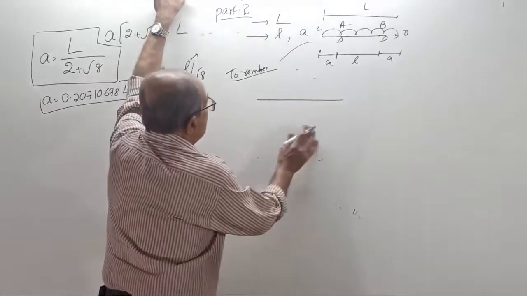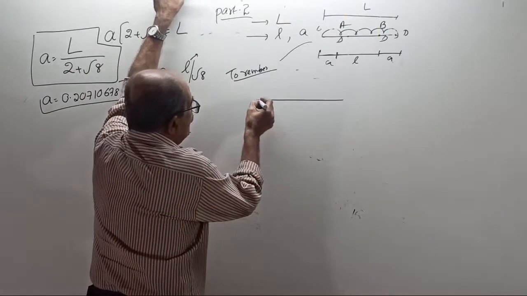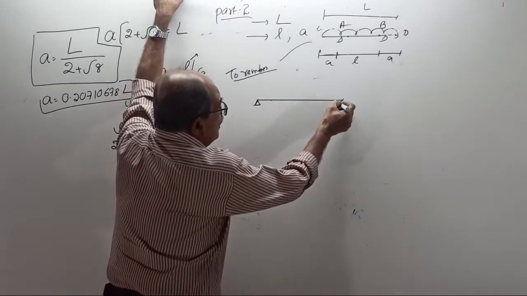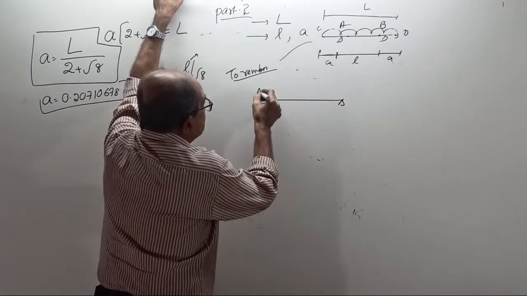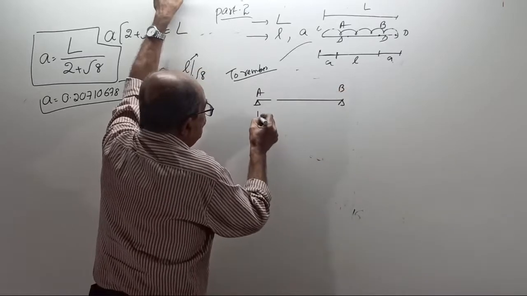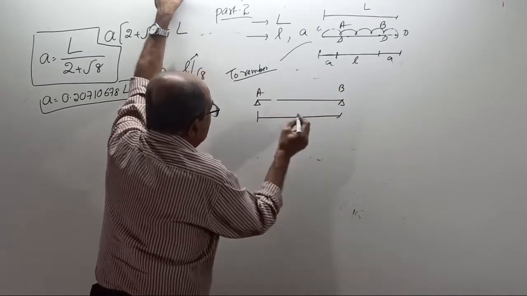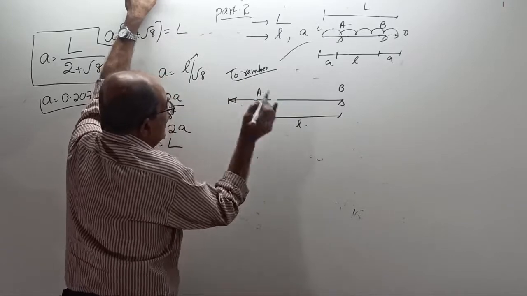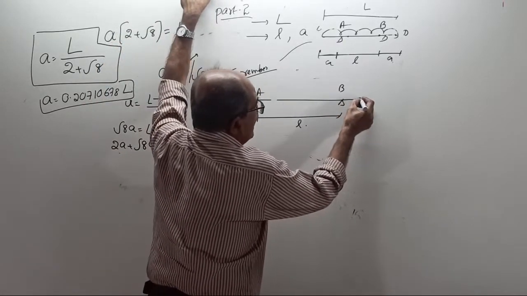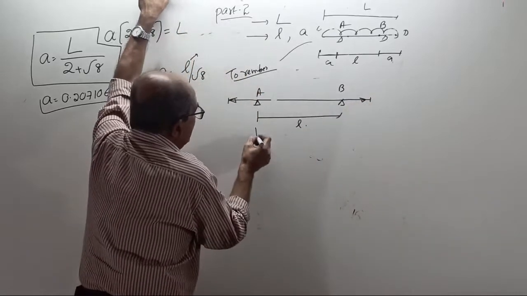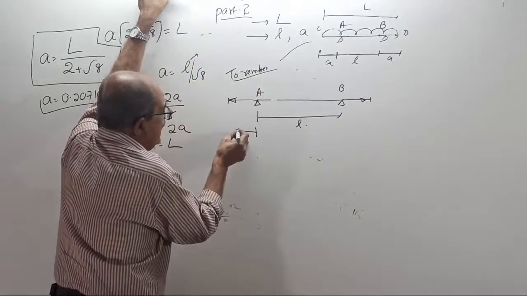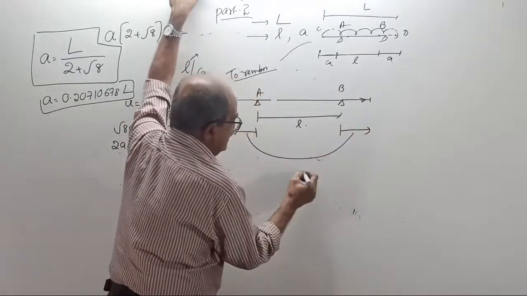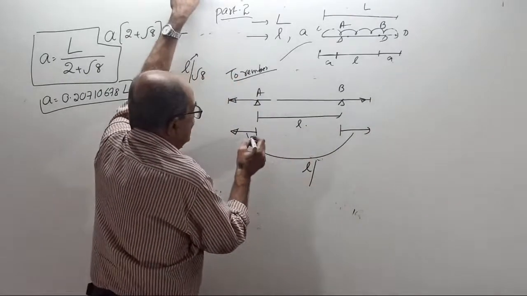See how I am writing. If you know, see what I am doing. Between supports A and B, if you know the span L, then extend the overhang this side, extend the overhang this side by how much? L divided by how much? Tell me.